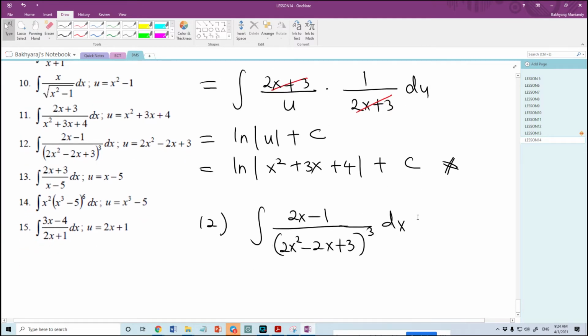Okay, first thing, get your u equal to 2x squared minus 2x plus 3 and differentiate, du dx.